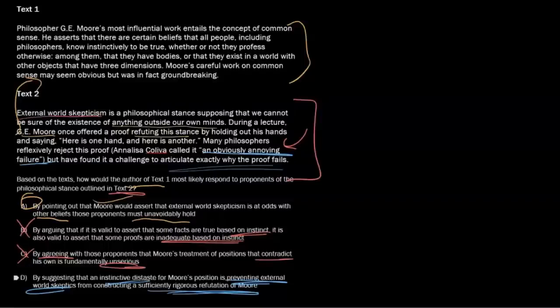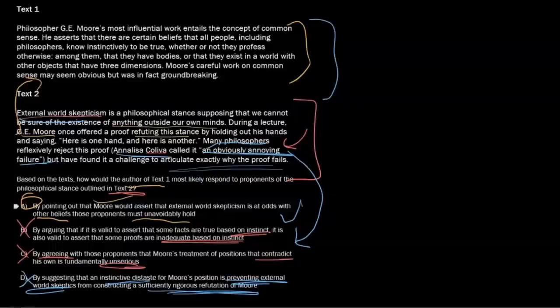Because although they are instinctively distasteful of it, external world skeptics aren't explicitly mentioned here, right? We don't know if she's necessarily specifically an external world skeptic because it just says many philosophers, right? And this is not what this author is arguing here.